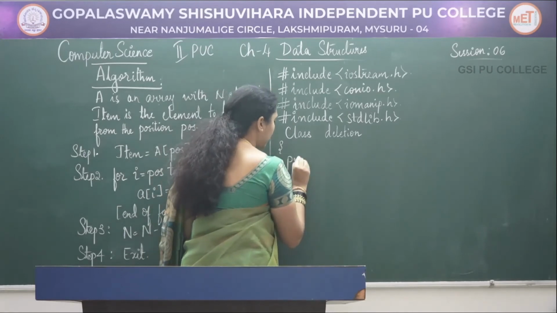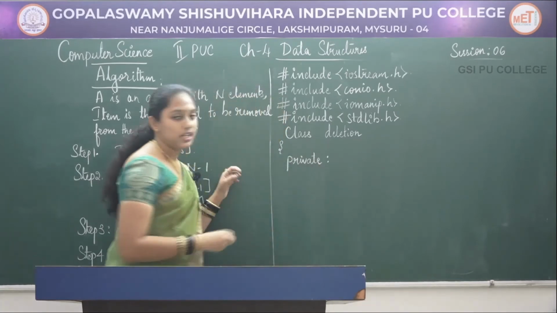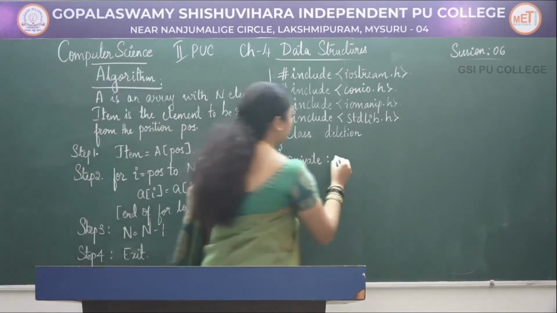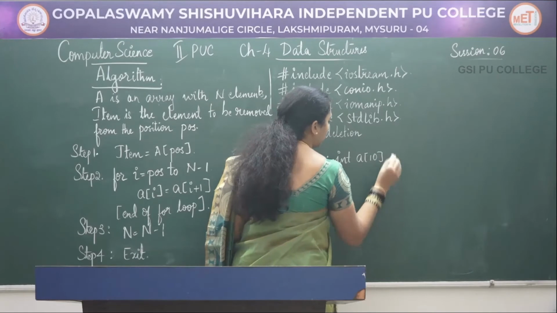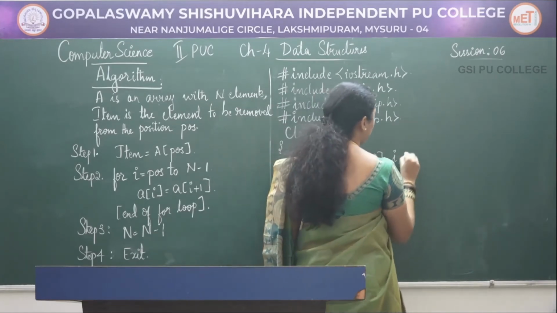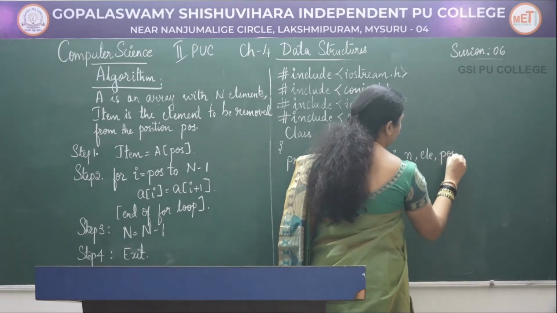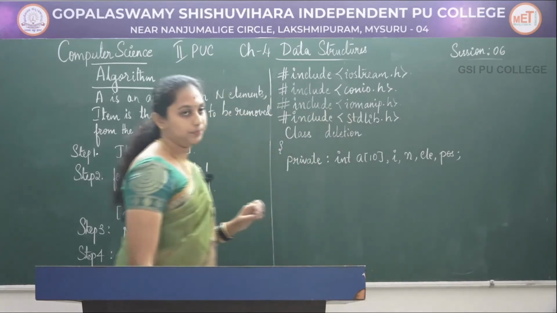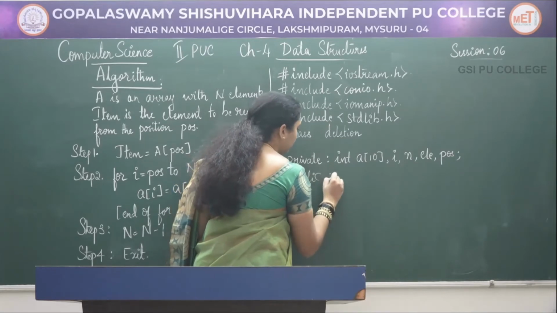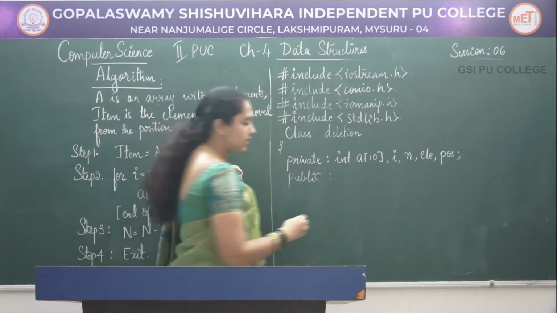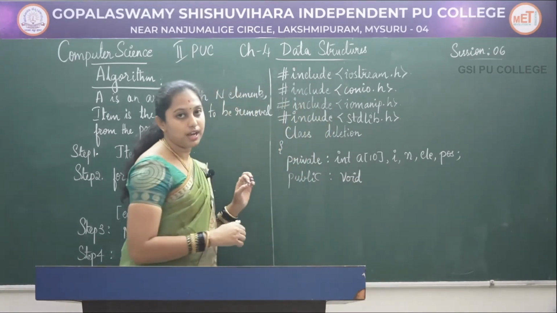In the private section, I am going to declare the required variables in our C++ program. So, int a of 10, that is the array name with size, then n, then the element to be deleted as well as the position. In the public section, I am going to declare the functions. The return type is void as it does not return any value.